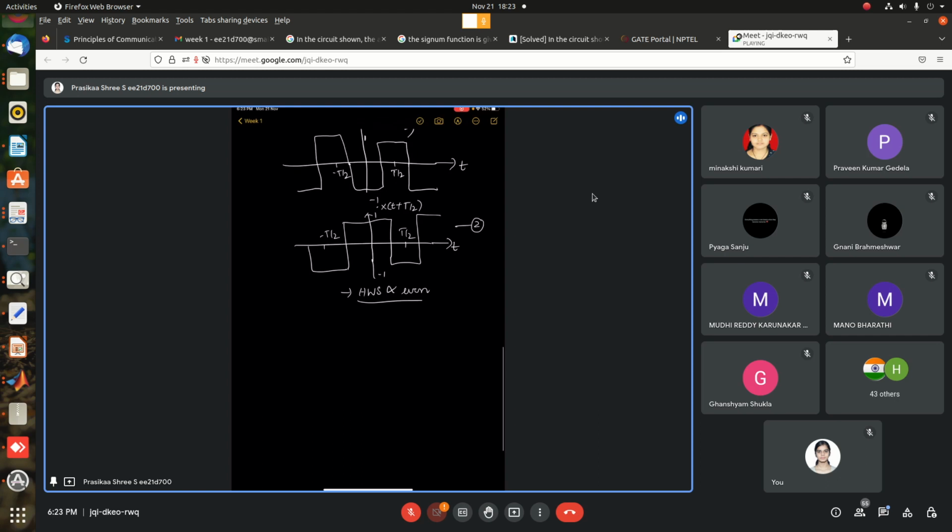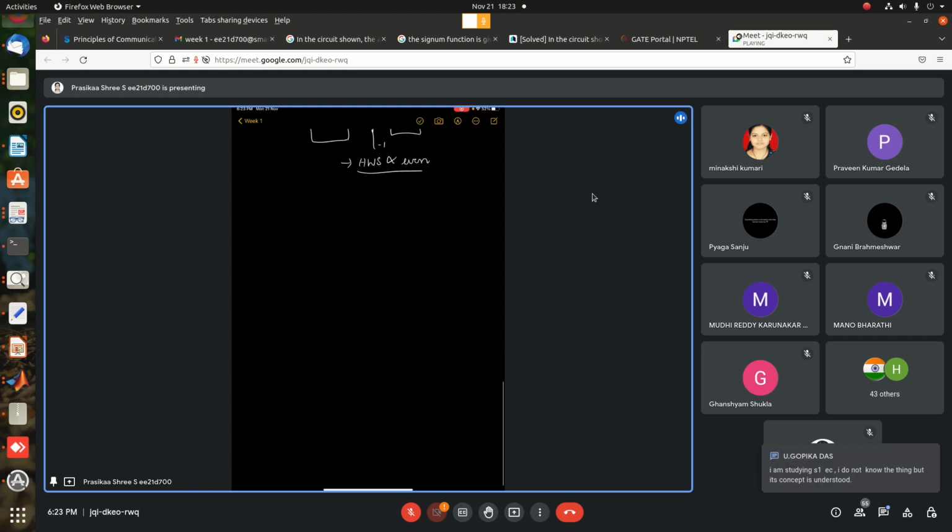Sure. See, what is signum t? Signum t is nothing but it takes value 1 when t is greater than or equal to 0, and it takes the value minus 1 when t is less than 0.